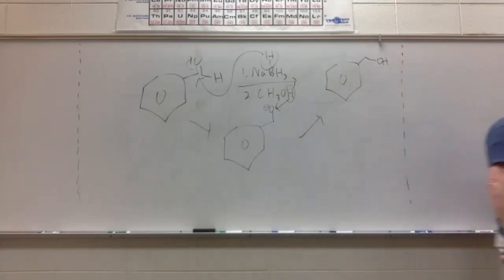Very reliable, very reproducible, does the same thing over and over again. Always get a primary alcohol. That's the nice thing about hydride reductions. They're very much predictable, more so than some of the other ones we're going to see.